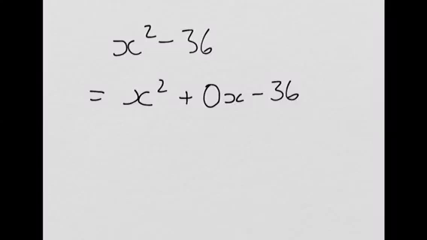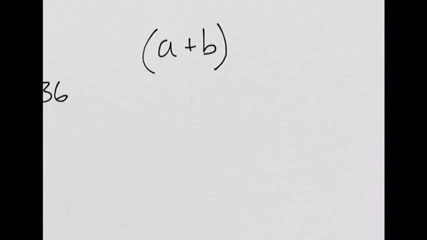So, this is a special case called the difference of two squares. And let's look at expanding this now first. So say we have a plus b multiplied by a minus b.